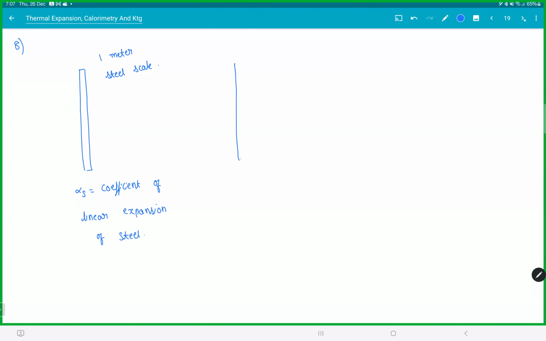We also have a 1 meter wooden stick. Alpha of wood is 0, means wood will not expand if you change the temperature also. And then we also have a 1 meter copper rod, and alpha copper is the coefficient of linear expansion of copper.